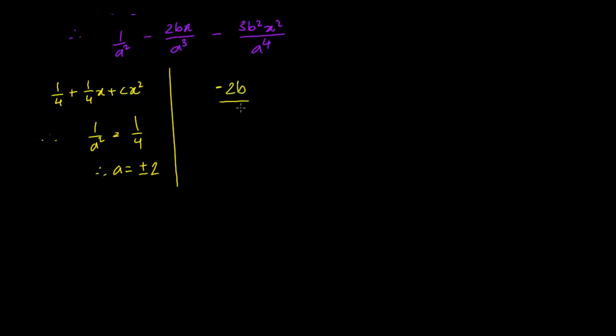Negative 2b over a³ is equal to 1/4. Now we have to remember that a is plus or minus 2, so we can have two different answers. So negative 2b is equal to 1/4 times either plus or minus 8.